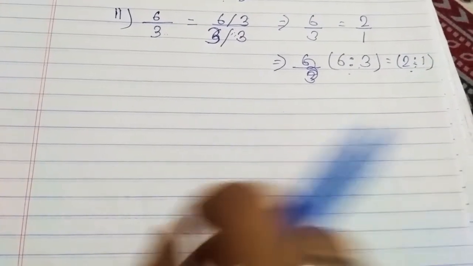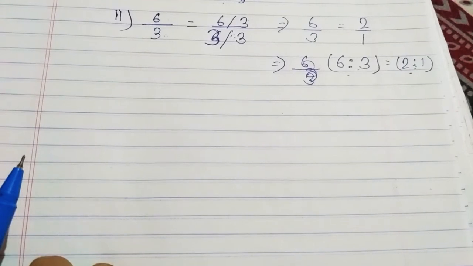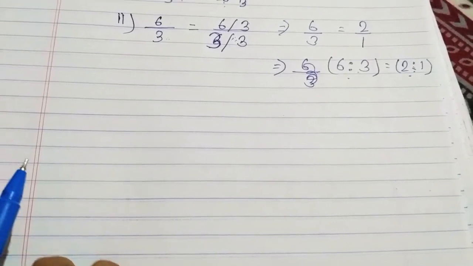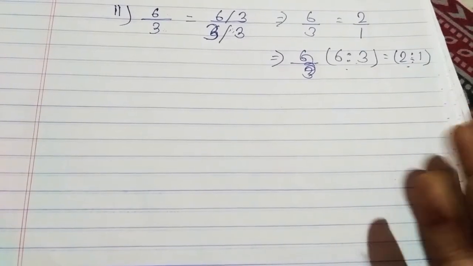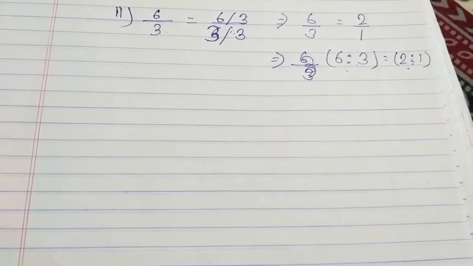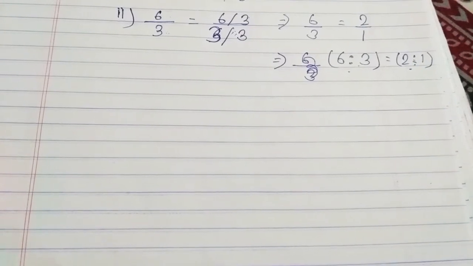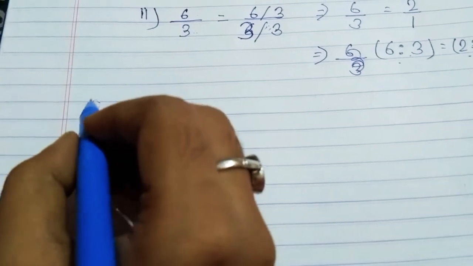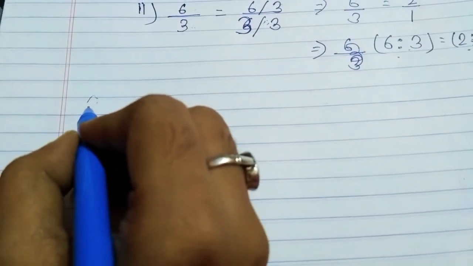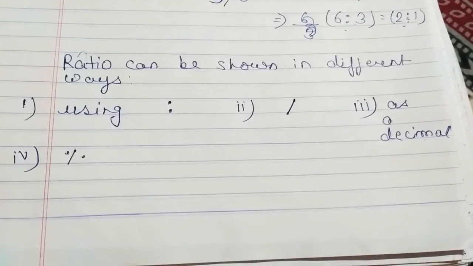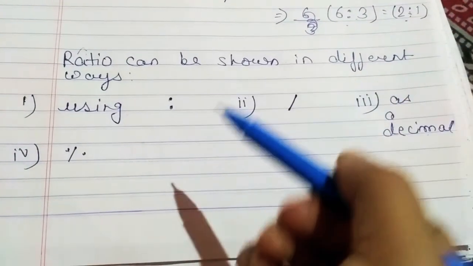Also, you know one thing, that a ratio can be shown in different ways. You can represent a ratio in different ways. So, what are the different ways?